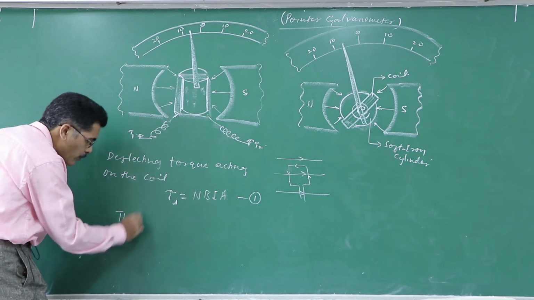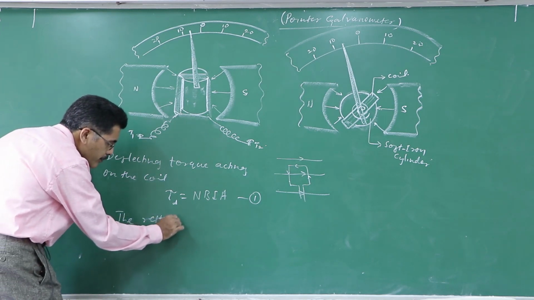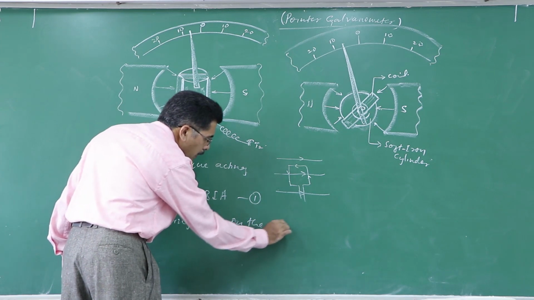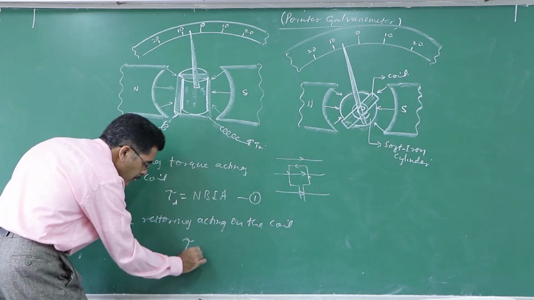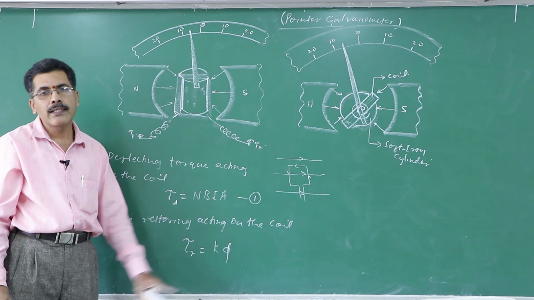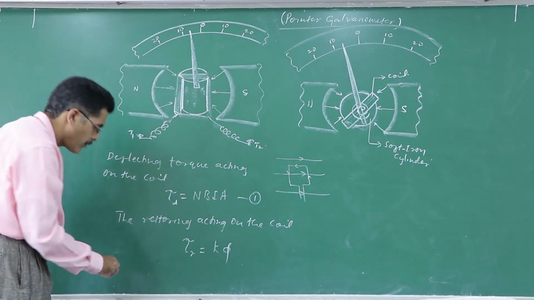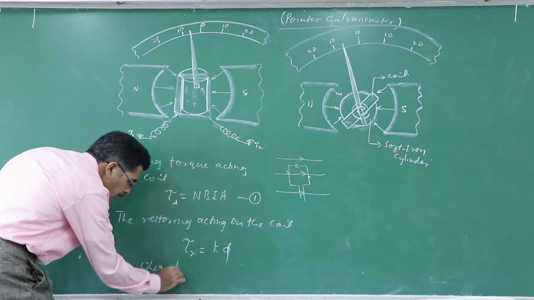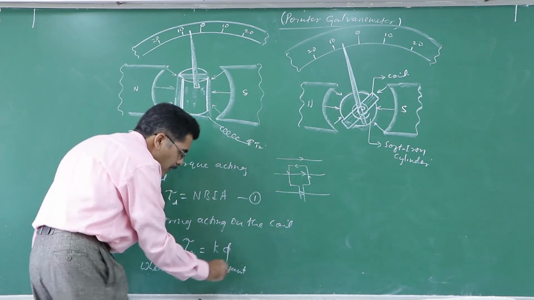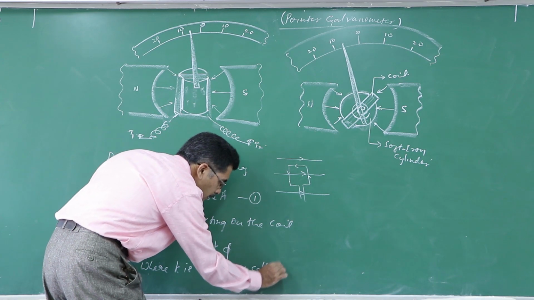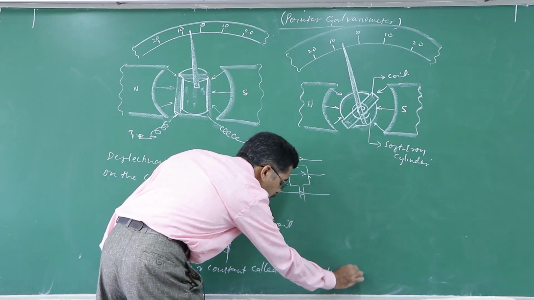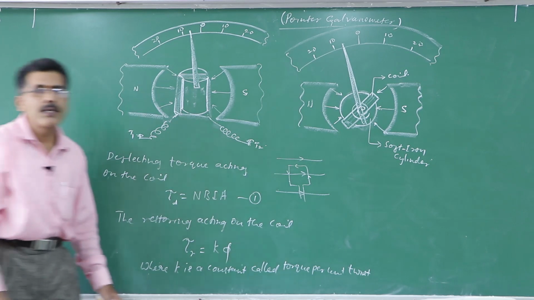The restoring torque, or counter torque, acting on the coil is K into phi, where K is a constant called torque per unit twist, also called the torsional constant.